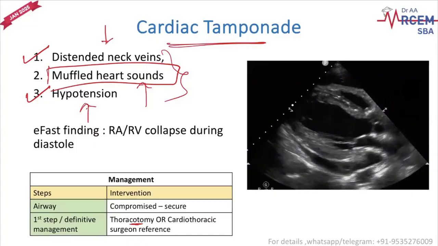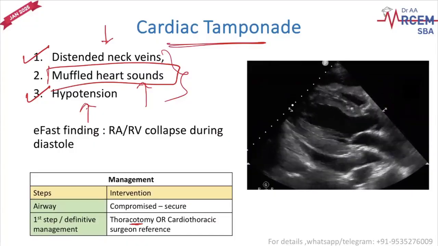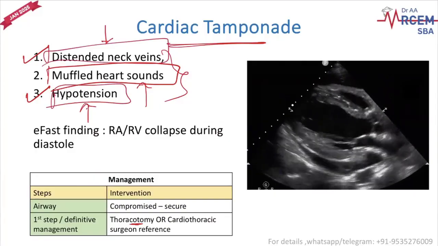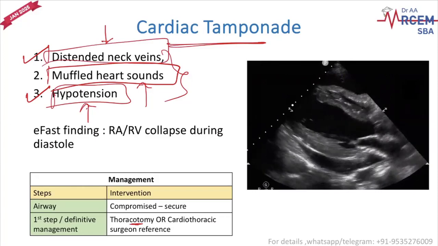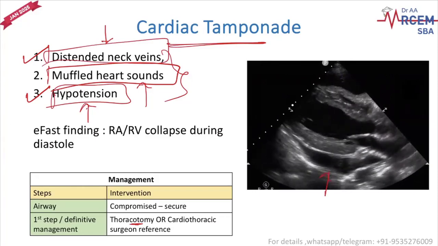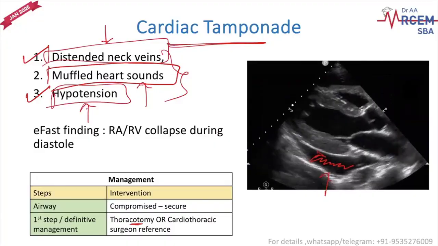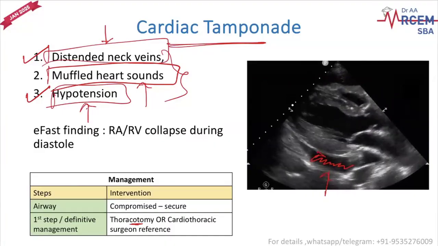So you need to remember how to differentiate it. Distended neck vessels and hypotension overlap with tension pneumothorax. Muffled heart sounds are not seen in tension pneumothorax. Get a quick EFAST done and look for free fluid. The black color you're seeing here is suggestive of free fluid around the heart, that is, fluid in the pericardial space. In a trauma case, you need to suspect this is blood.